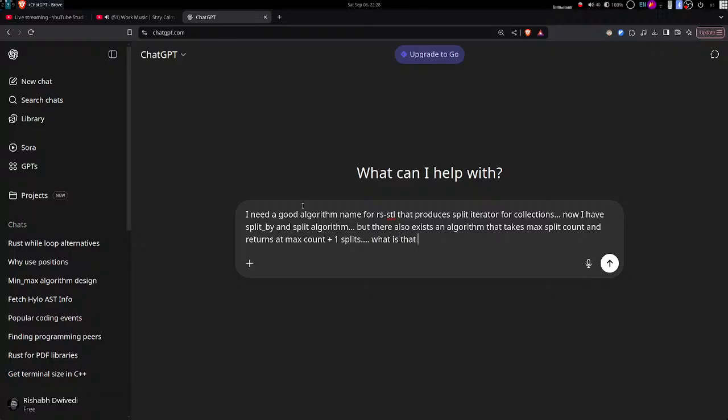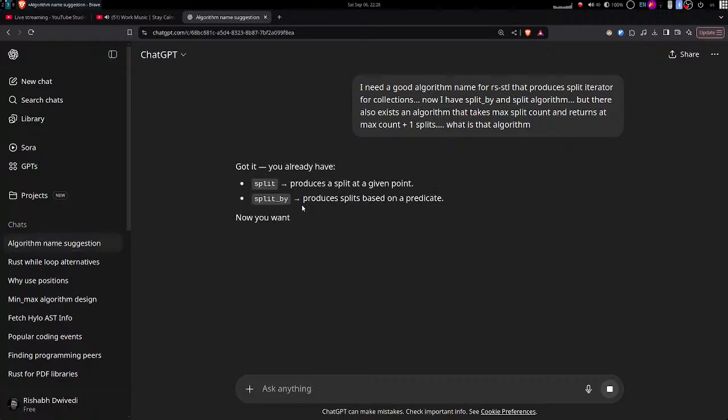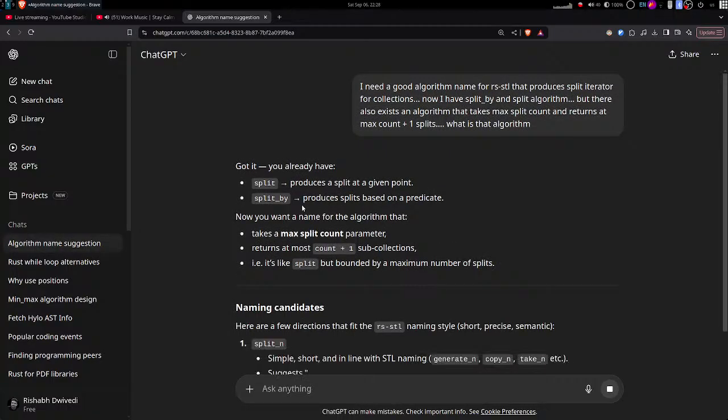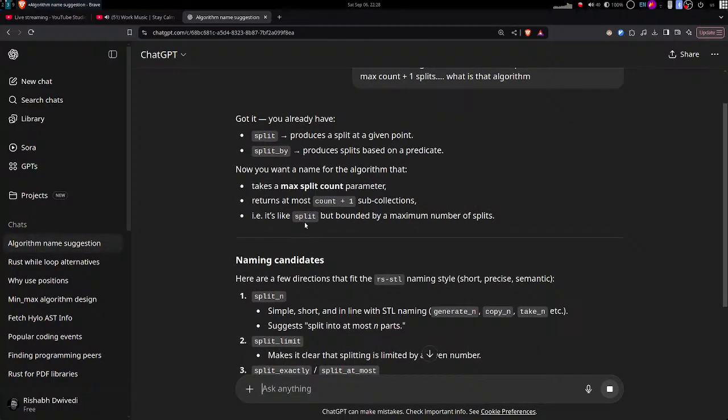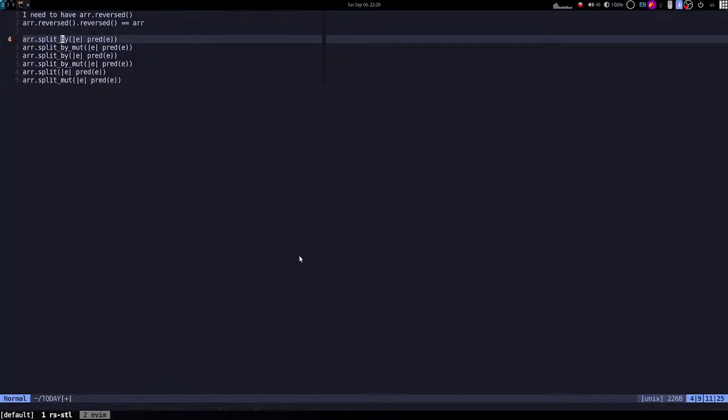What is that algorithm? So split_n, yeah, split_n and split at most. Yeah, split at most is the thing.